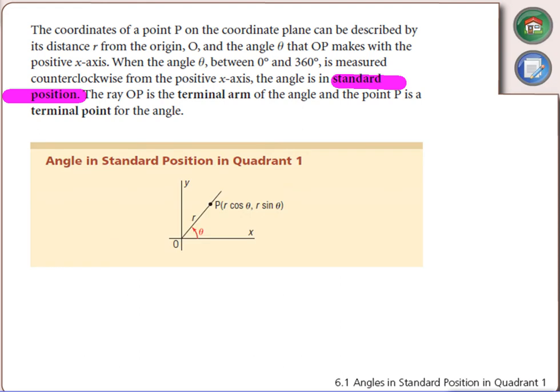Standard position means we put it on an xy coordinate plane. We are going to start on the positive x-axis. We are going to rotate in a counterclockwise direction. And we're going to stop when we get to what's called the terminal arm.